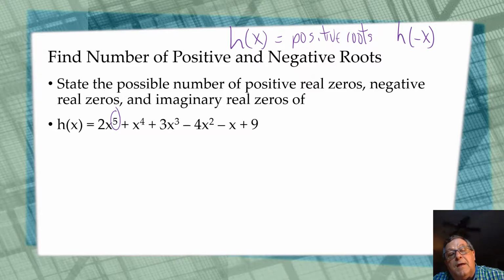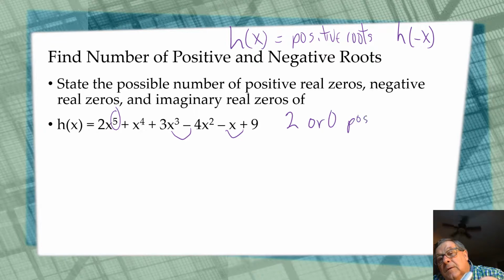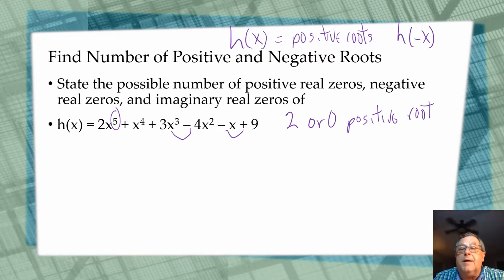Okay, positive to negative, there's a sign change. Negative, negative, but negative to positive. So I can have 2, or subtract 2 from 2, that's 0. Or I could have 0 positive real roots.